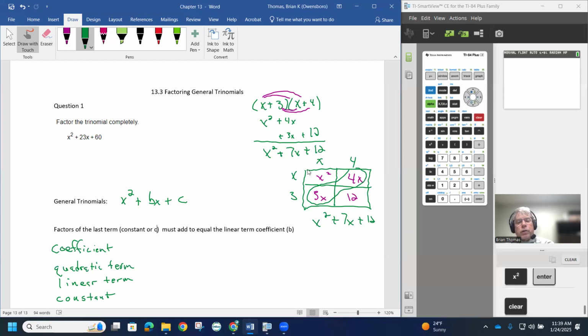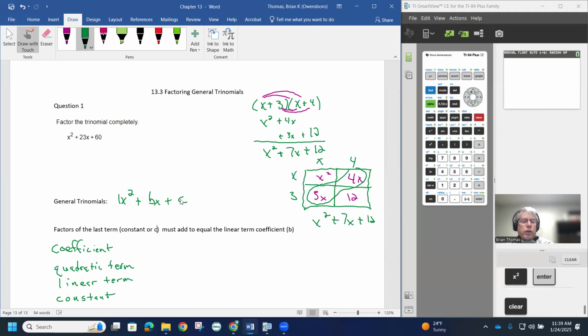Now, the thing is, when the coefficient of x squared is 1, this actually becomes very easy. Notice that the factors of the last term, the c, must add up to equal the linear term coefficient, which is the b.